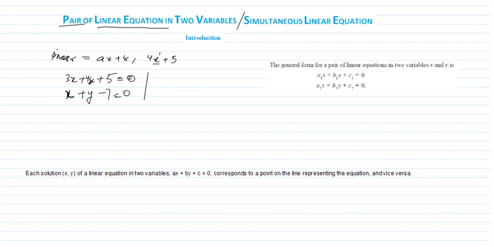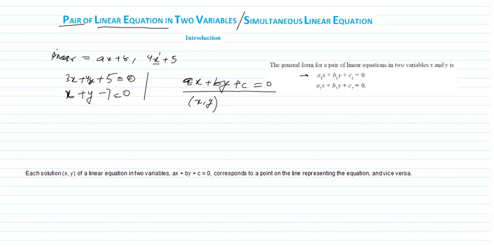The general form of a pair of linear equations in two variables is a1x plus b1y plus c1, and if there is only one equation, we can say ax plus by plus c is equal to 0. So this is the general equation of a linear equation in two variables. If we solve this equation, we will get two values, the coordinates x and y.